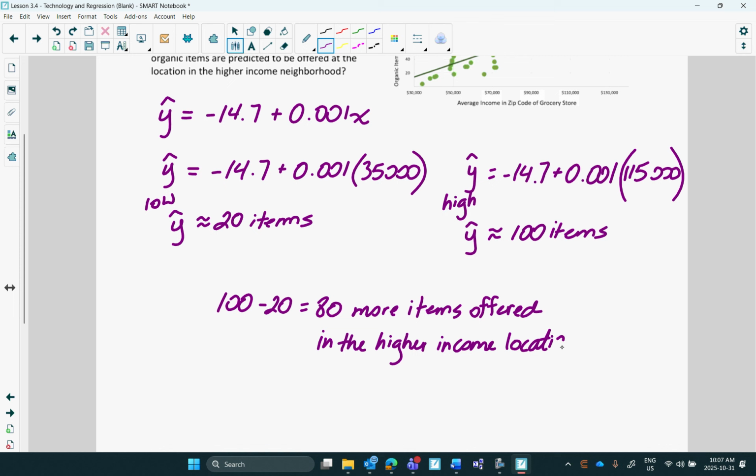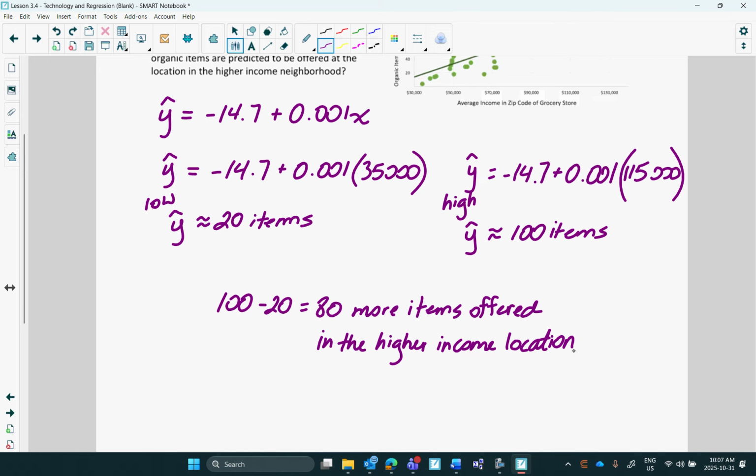One final question, and this relates to the discussion in this lesson. Is this discrimination? Give me your opinion. Opinion means it's not right or wrong. Can you support it? Organic items are generally considered healthy, right?